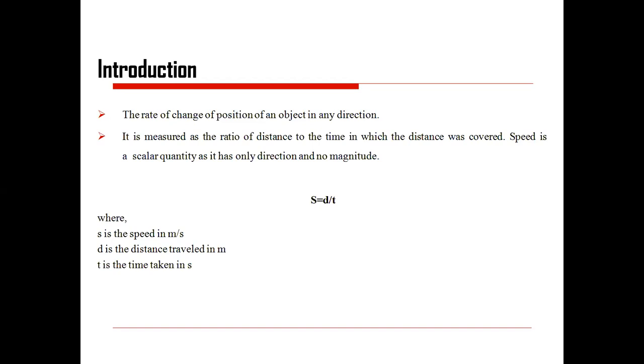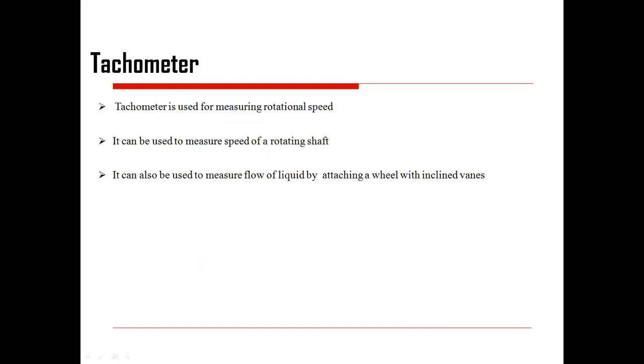Speed is a scalar quantity as it has only magnitude and not direction. Commonly, when we are traveling, it is not having a particular direction. That's why it is a scalar quantity.